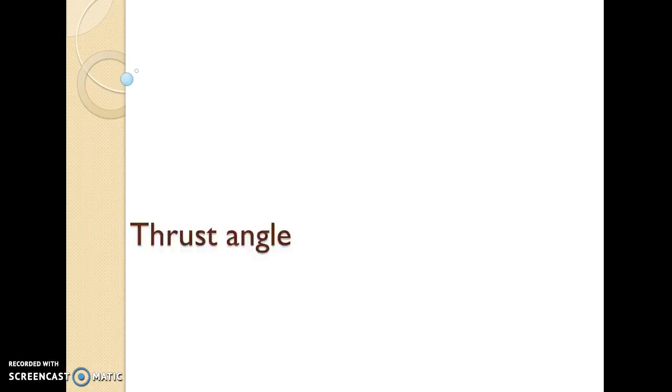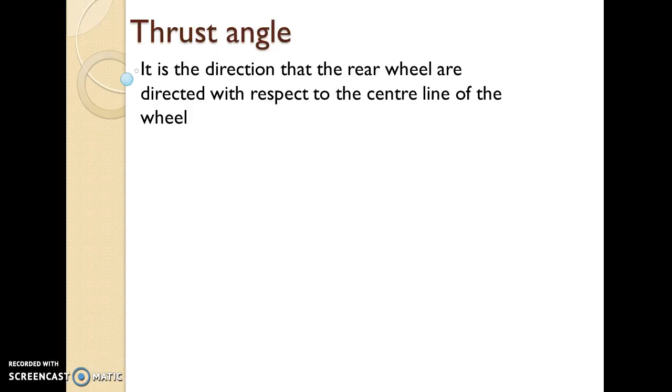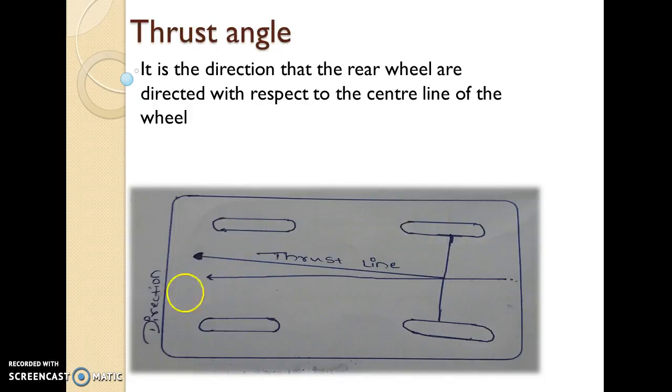And the next topic will be thrust angle. As defined here, it is the direction that the rear wheels are directed with respect to the center line of the vehicle. So again, when we see the figure, this will be the direction of the vehicle, but because of this angle, the thrust of the vehicle is created towards this line, that is the thrust line.